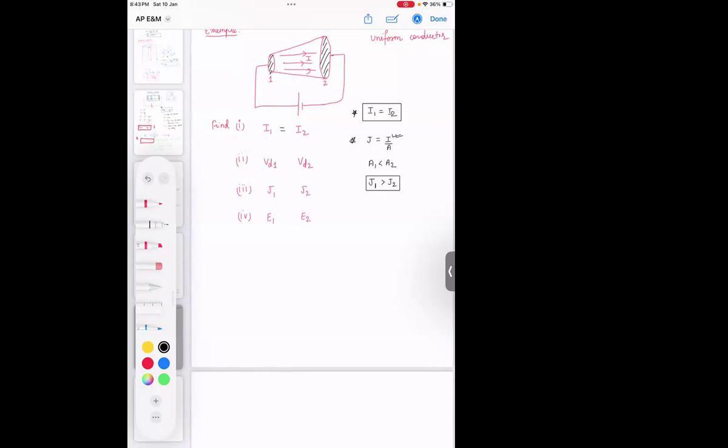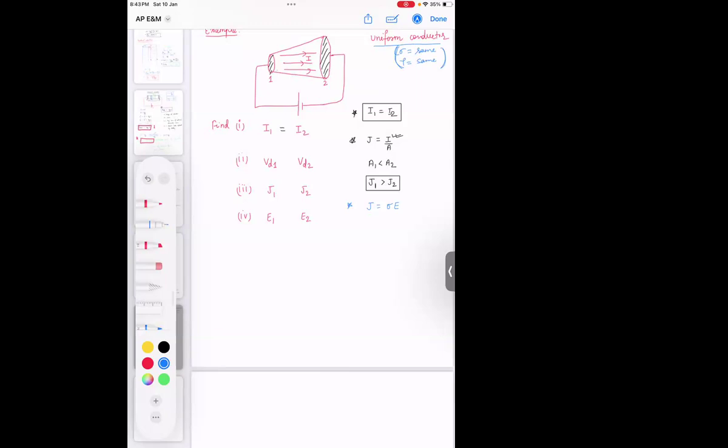Next, J and sigma, again there is a relation. What is the J and sigma relation? J equal to sigma into E. If it is a uniform conductor, what does it mean? That means sigma or rho is the same throughout the conductor.